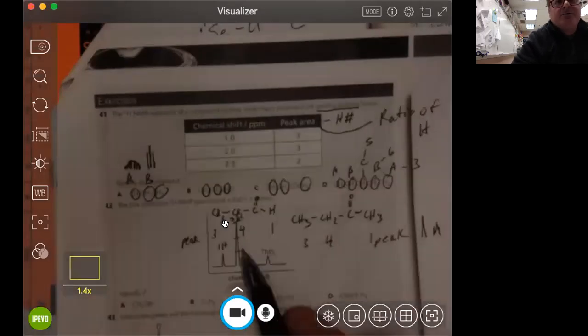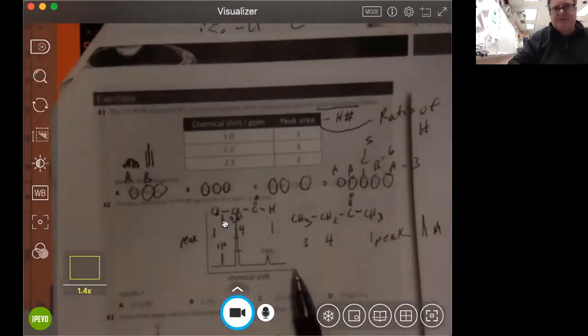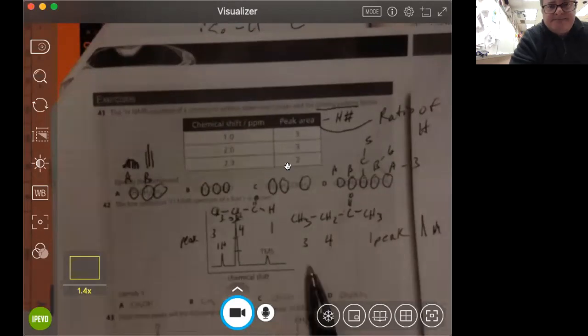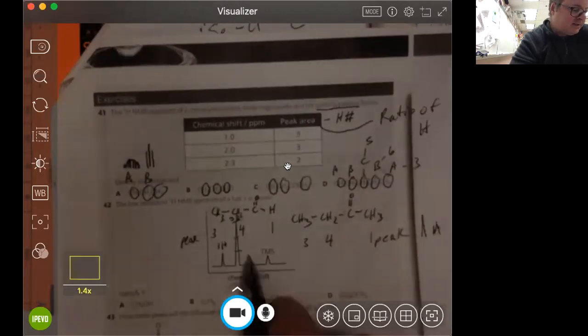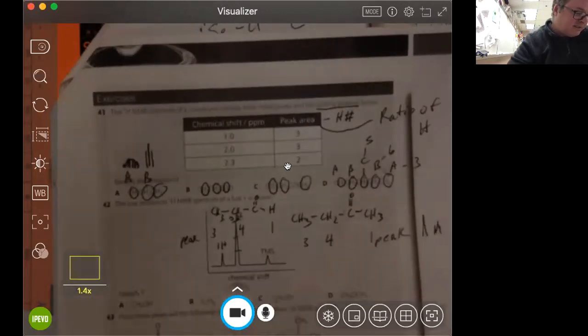The fact that we have 2 peaks, I think this may just be one of those things where they want you to be able to say, okay, this has 2 peaks. So which of these has 2 peaks?